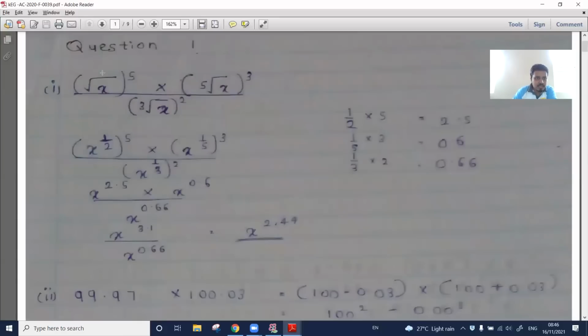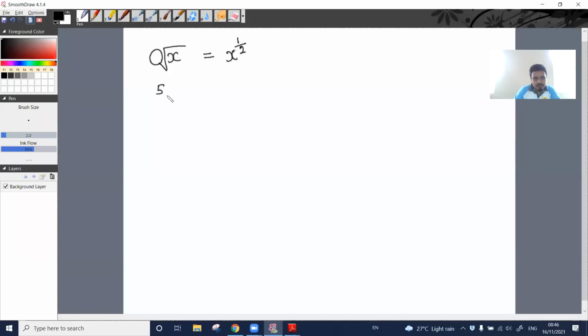Then this is what? Power of a power, right? Square root of x, we can express like x to the power 1 over 2 to the power 5. Then fifth root of x. How can we express the same as a power value?